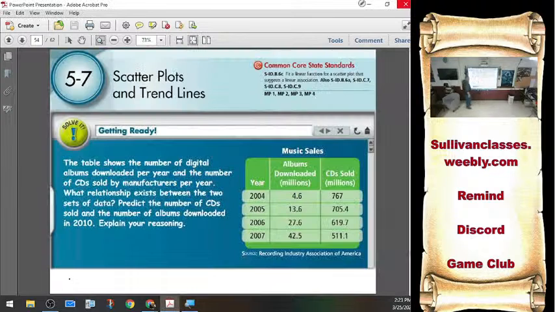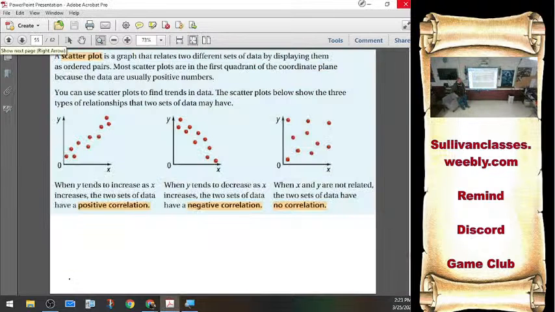So that's the general idea here: we're going to look at these scatter plots where we're going to plot points and it's going to do something. The something down at the bottom is going to be positive, negative, or no correlation. You've heard the word correlation before?